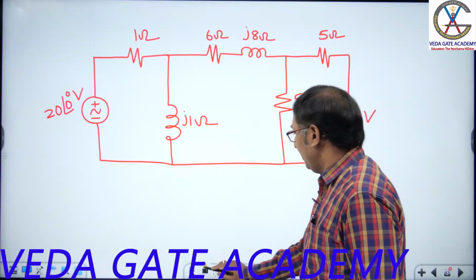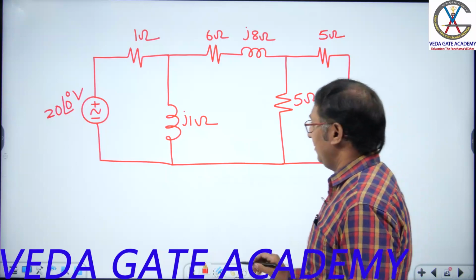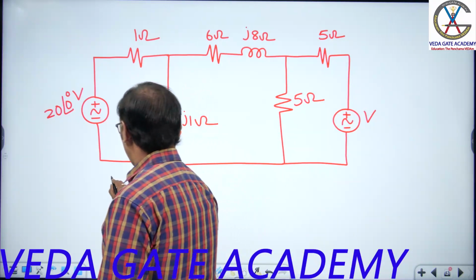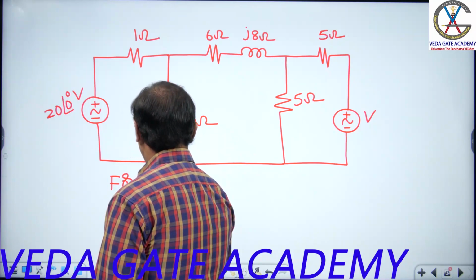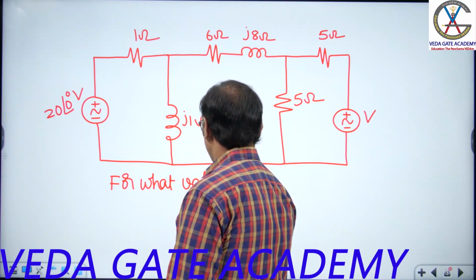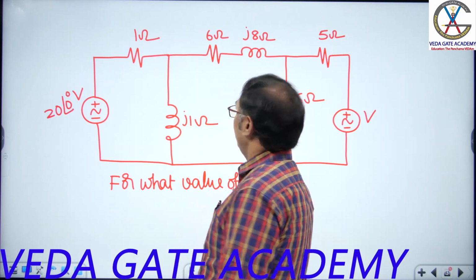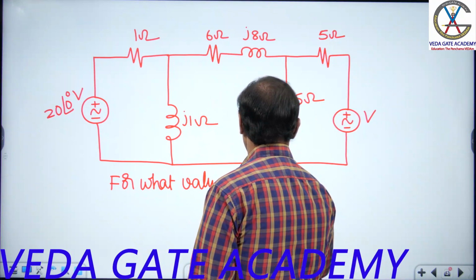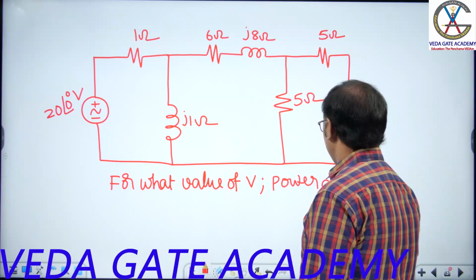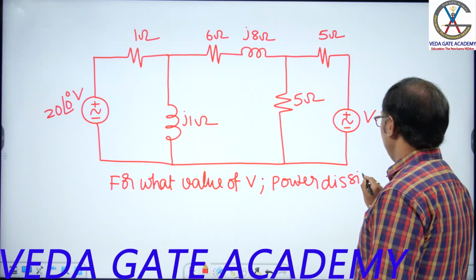This is the question given, and the data given by the examiner is: for what value of V is the power dissipation in the 6 ohm resistor 0? That is, power absorbed by the 6 ohm is 0.